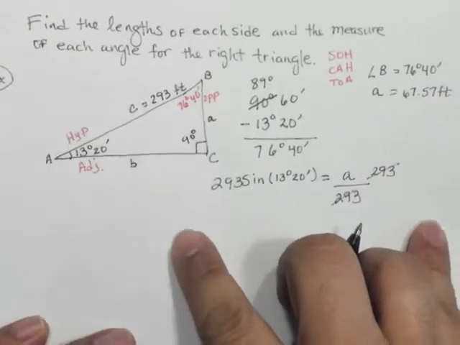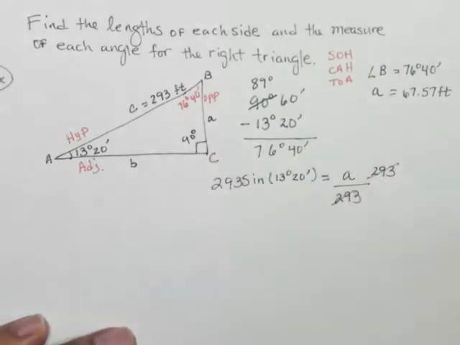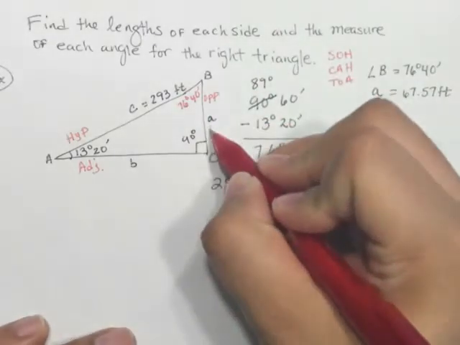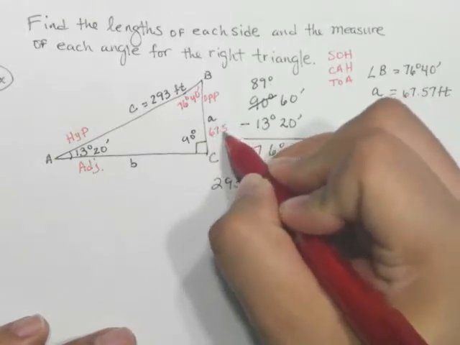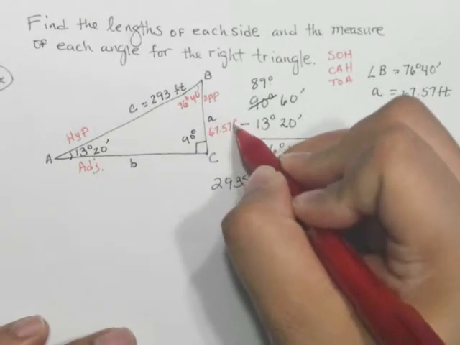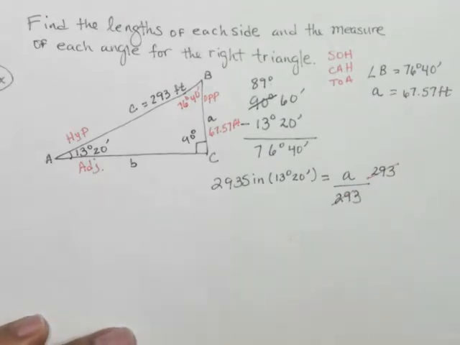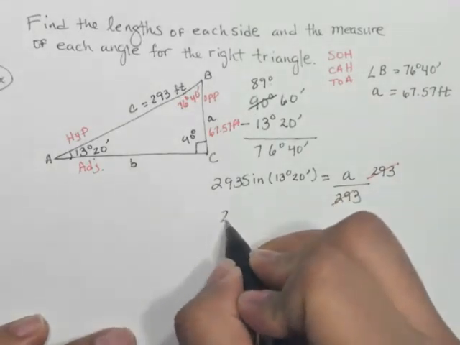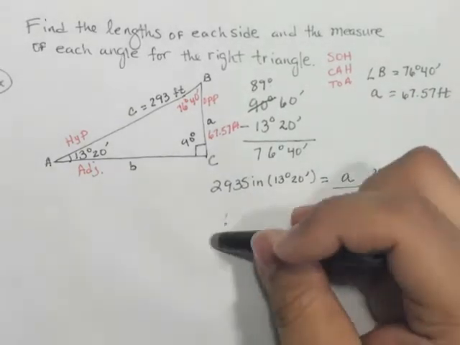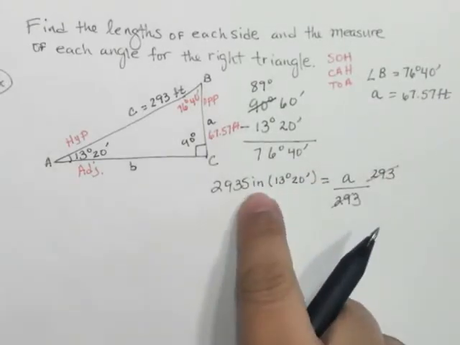Now you can find side B if you are clever enough by using the Pythagorean theorem. So that's definitely a possibility. But since we're still learning about trigonometry, let's go ahead and use the trigonometric ratios. So let's do another calculation. Let me erase this real quick. I'm jumping the gun.